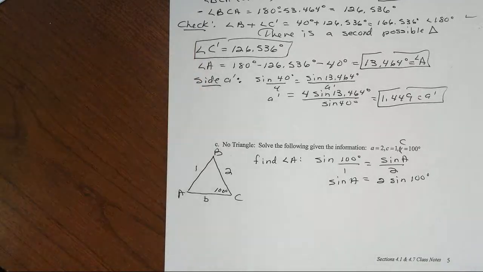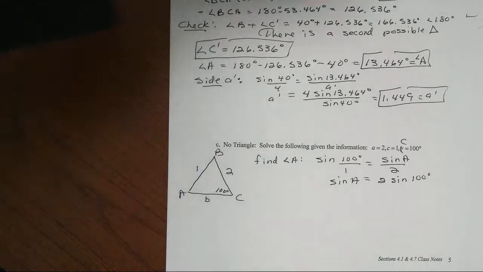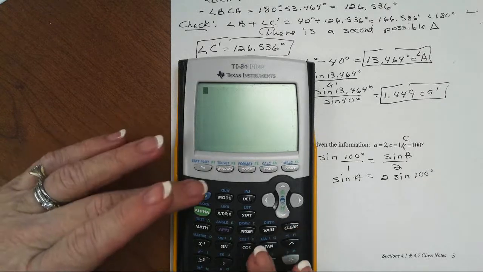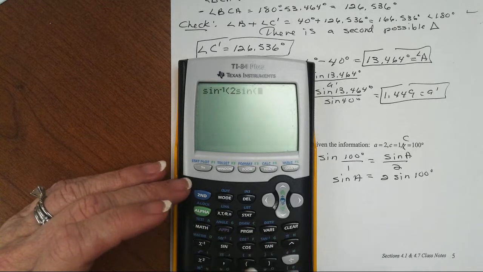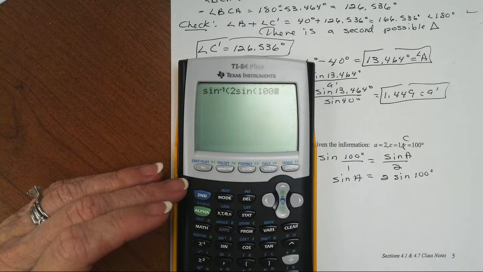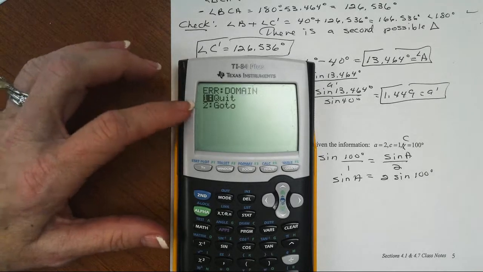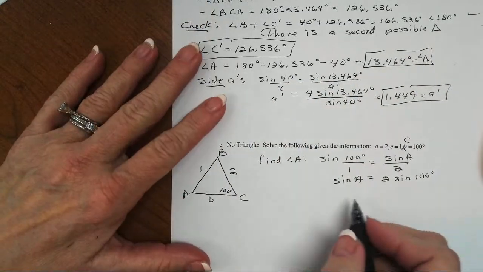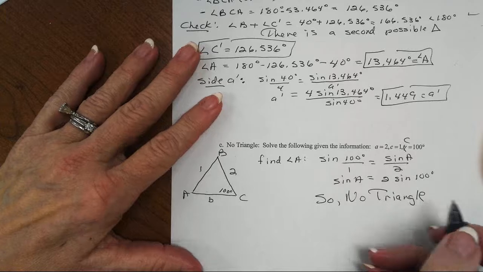And so we want to use the inverse sine there. Get the calculator. We want the angle that has that as the sine. So second sine, make sure you're in degrees, 2 times the sine of 100 degrees. That's what we want. And we get a domain error. That tells us right there that it's not possible. And so we know that there is no triangle with those dimensions.